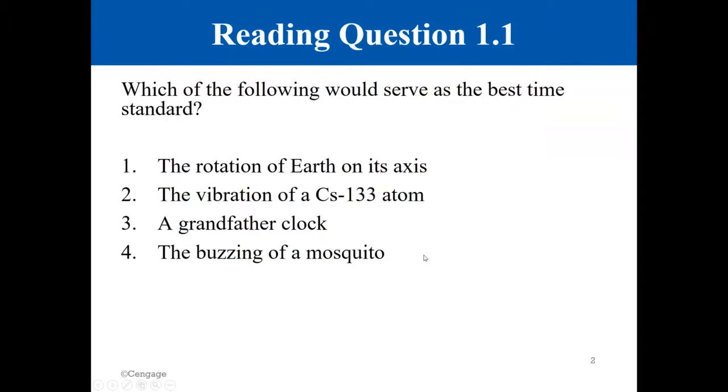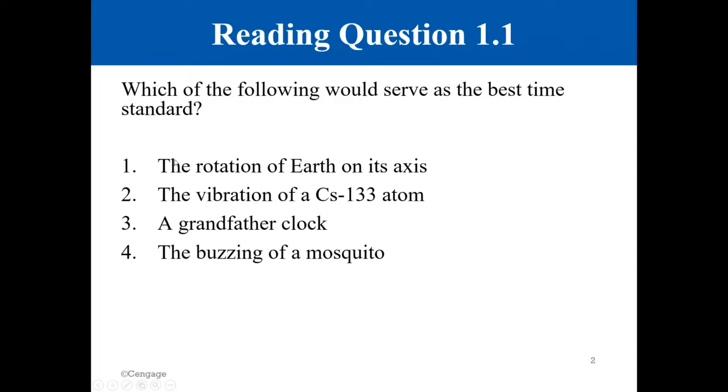Now, with this in our background, let's go to this first question. Which of the following would serve as the best time standard? The rotation of Earth on its axis, the vibration of a cesium-133 atom, a grandfather clock, the buzzing of a mosquito.